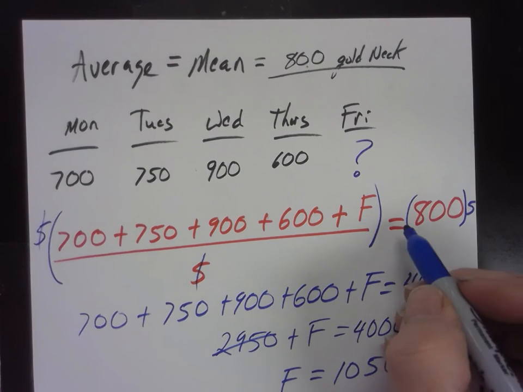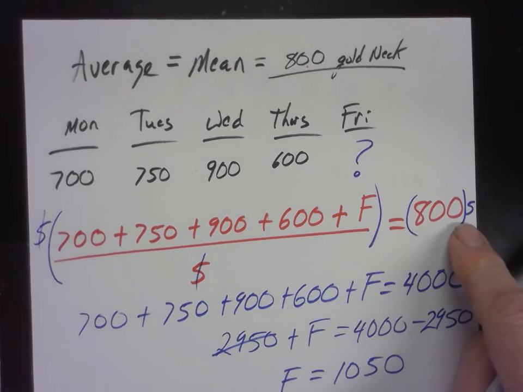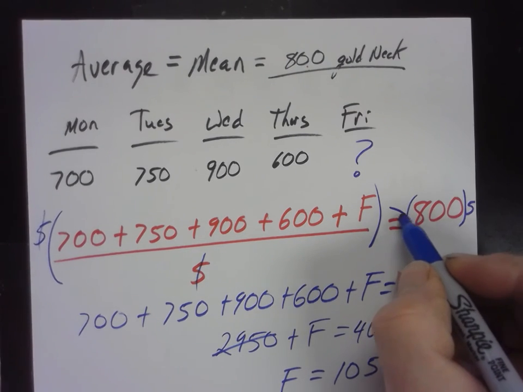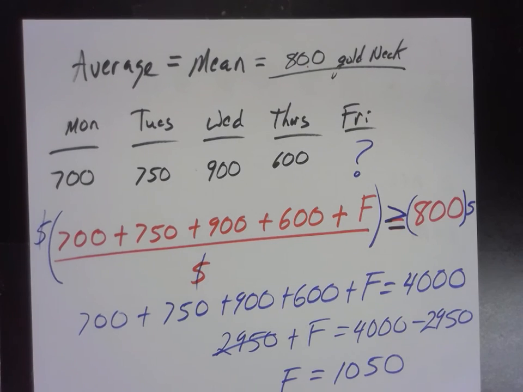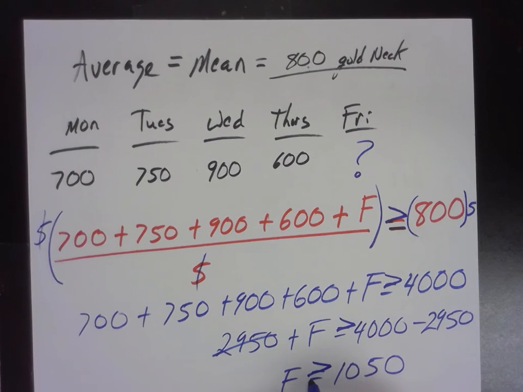So most of the time, we don't want the average here to equal 800. We want it to be greater than or equal to 800, don't we? Wouldn't that make more sense? I mean, if the average comes out to be more than 800, is anybody going to be upset? No. So this is real life.